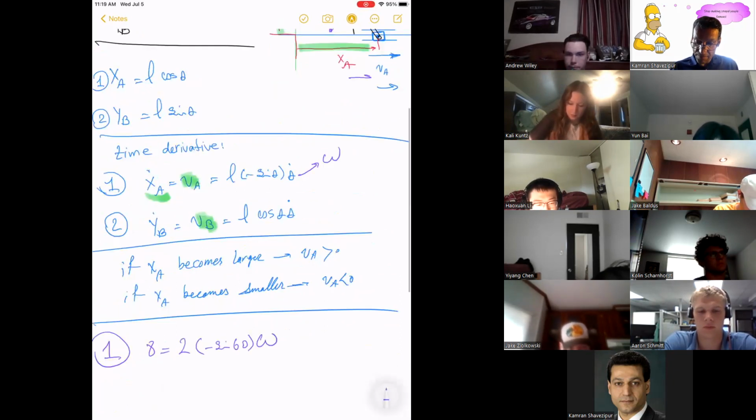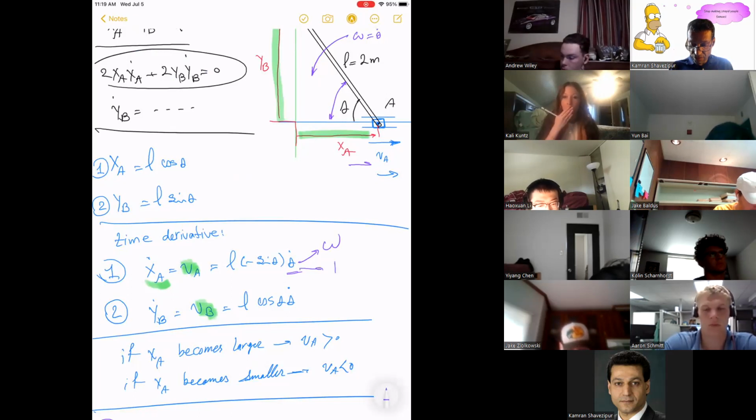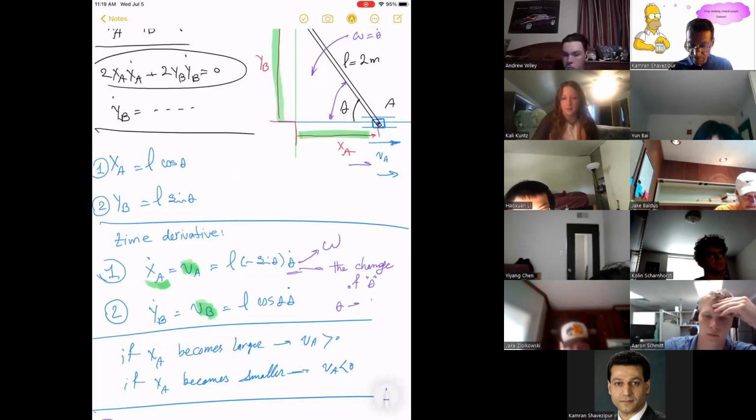Same for omega. Because this is the change of theta, we don't go, remember we said omega is a vector. If we go with the right-hand rule, here again, theta dot is the change of theta, which means theta is getting smaller, so theta dot is going to be negative.